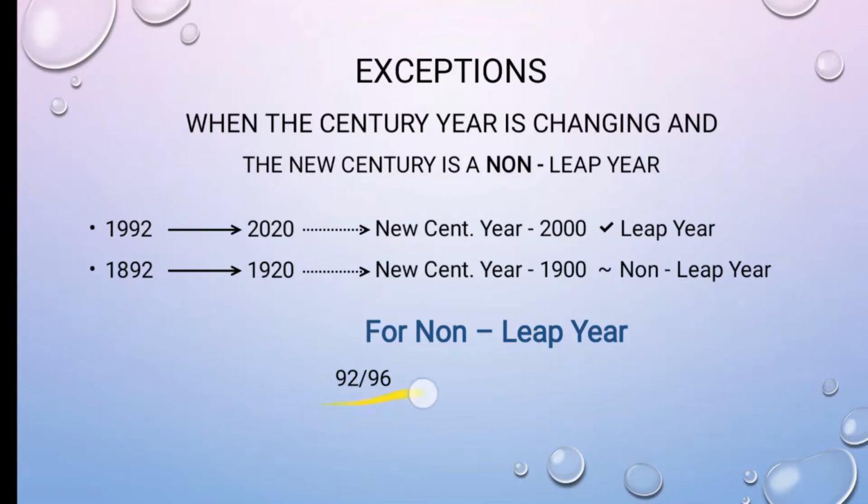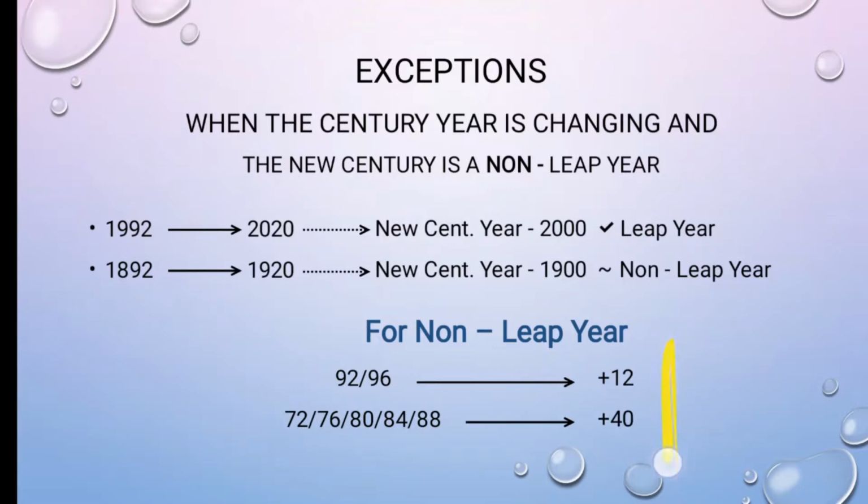So when the last two digits are 92 or 96, you will have to add 12 instead of 28, and when the last two digits are 72, 76, 80, 84 or 88, you will have to add 40 instead of 28. So these are the exceptions. These again you will have to remember.